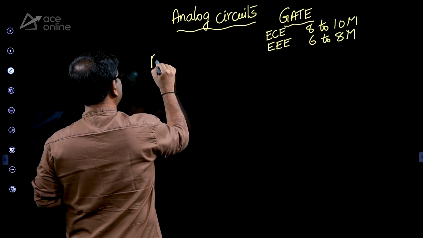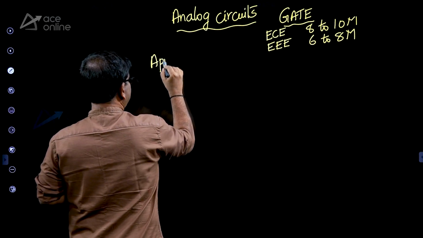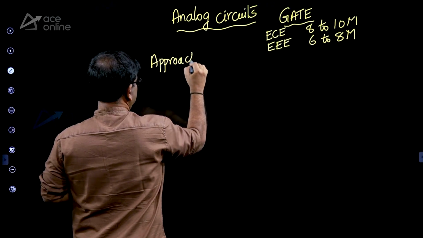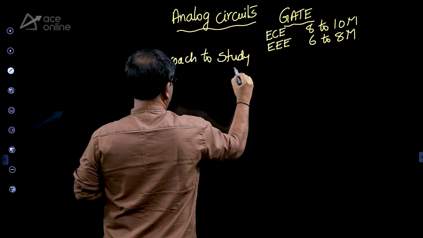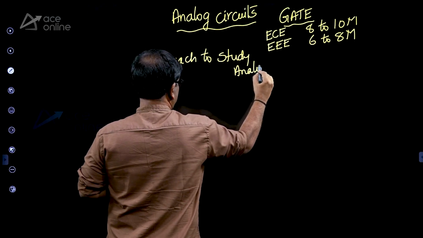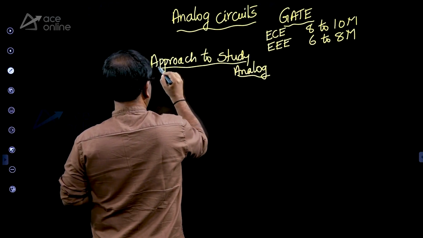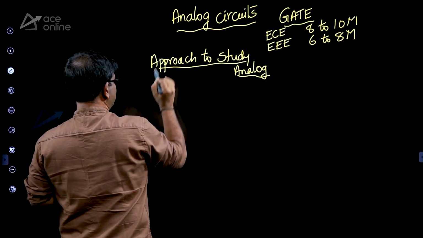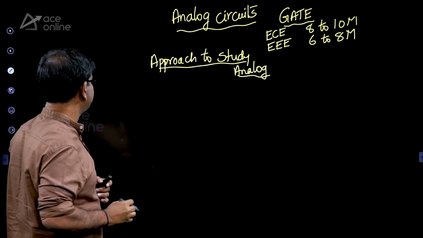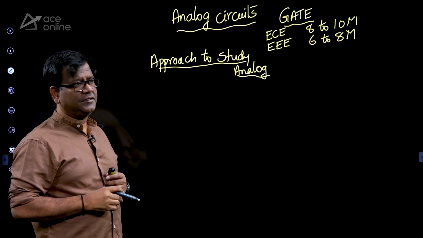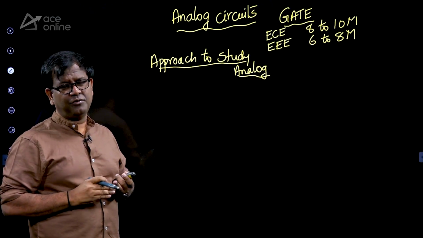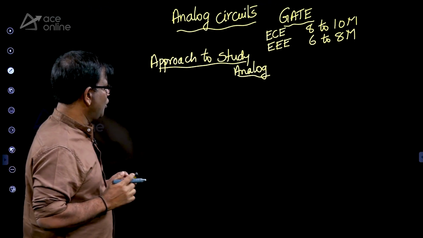Approach to study analog. Now in analog we deal with devices like the diode, BJT, MOSFET.